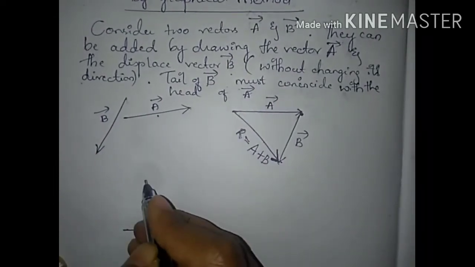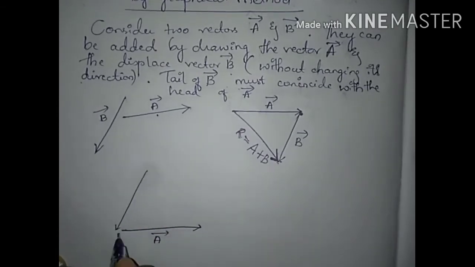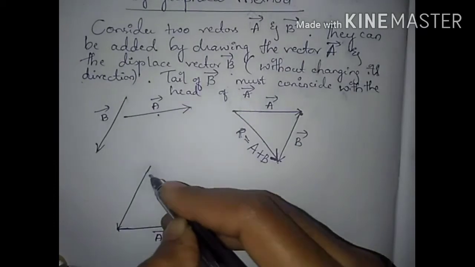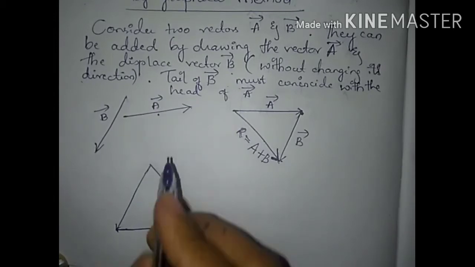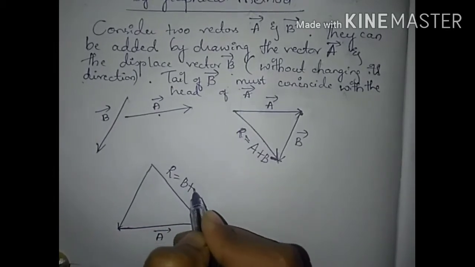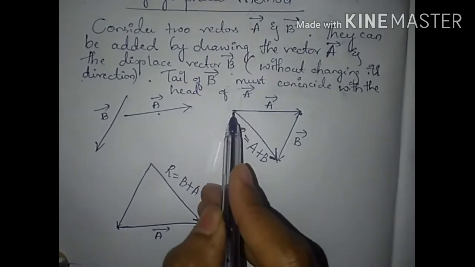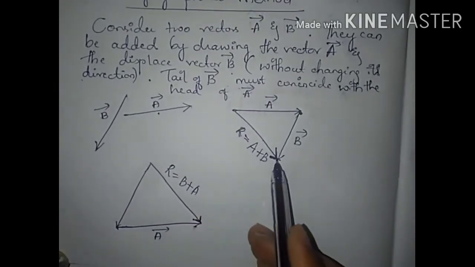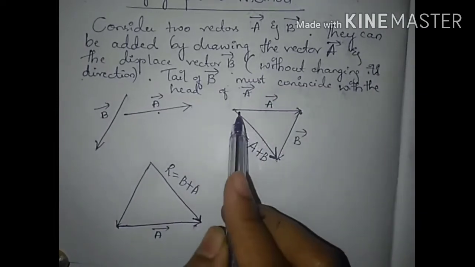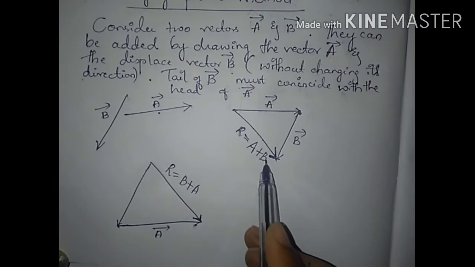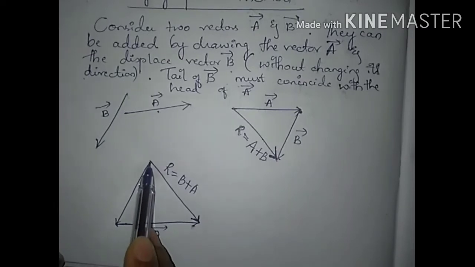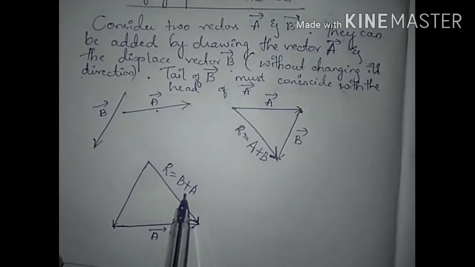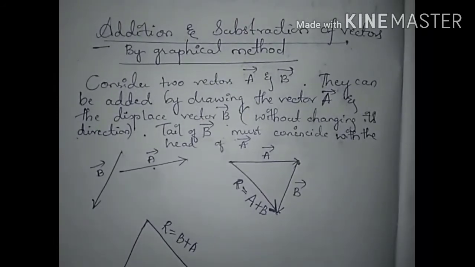So this is vector A and this is vector B. Now from the tail of vector B, if you draw the vector to the head of vector A, then this will give R equals B plus A. So if you draw the resultant vector from the tail of A to the head of B, you will get A plus B, so first A and then B. Here you are drawing the resultant vector from the tail of B to the head of A, so the resultant will be B plus A. So this is just the addition of vectors.